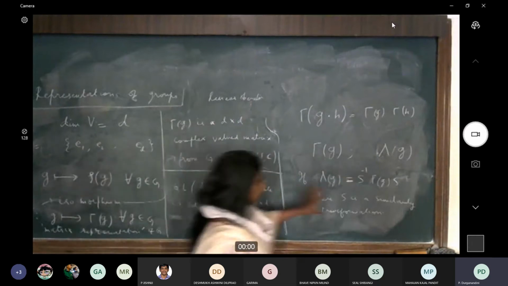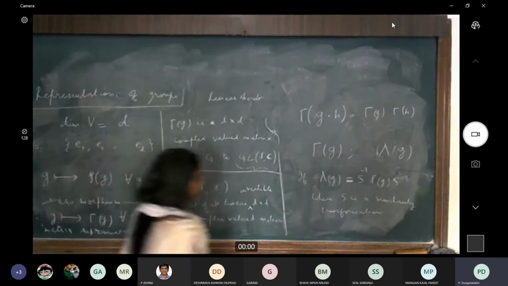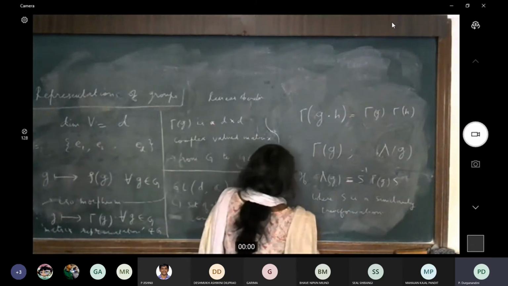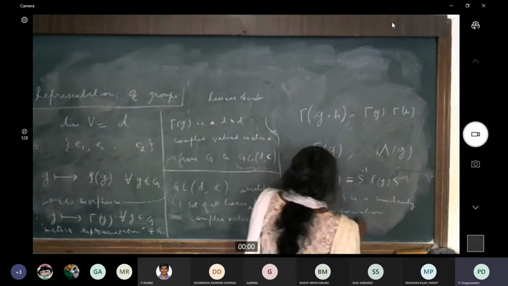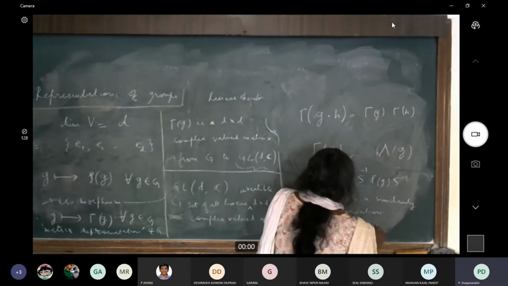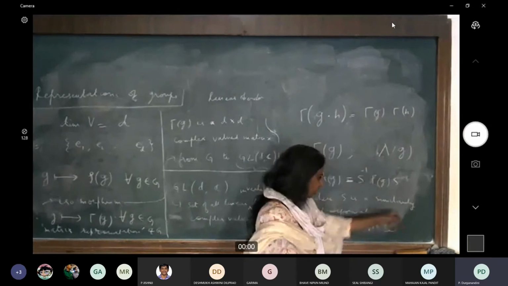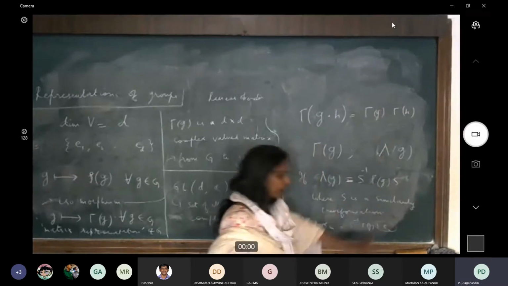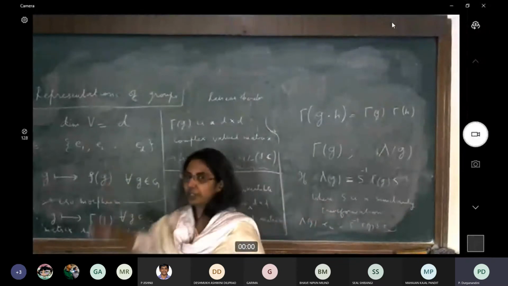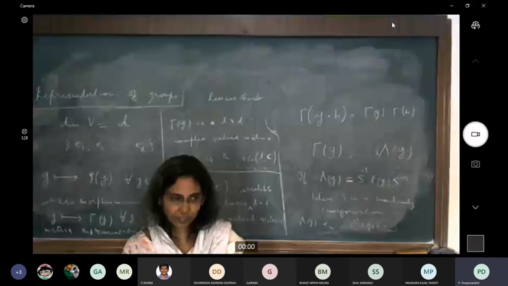So what the similarity transformation does is just that it changes this basis to this. So if I take lambda G and act it on En, this is like saying that S inverse gamma of G is acting on En. Now S En is some other basis, so it goes to another basis set. So essentially it's like writing down gamma, instead of in the basis B, in another basis B prime, which is related to B through a similarity transformation.